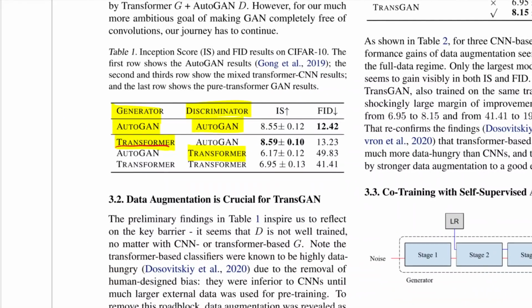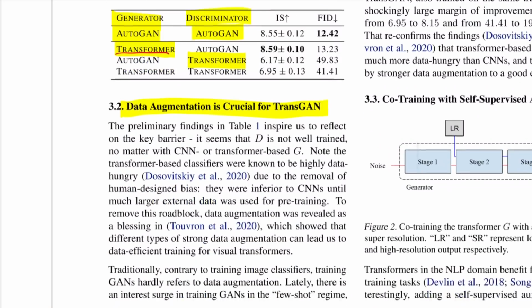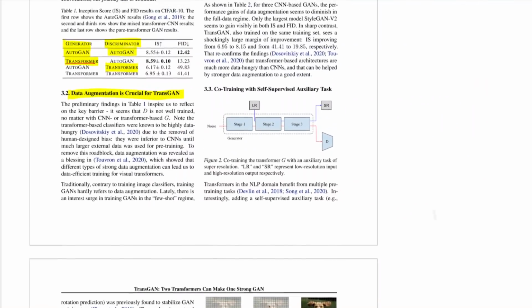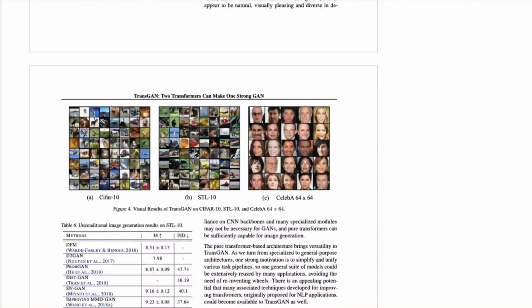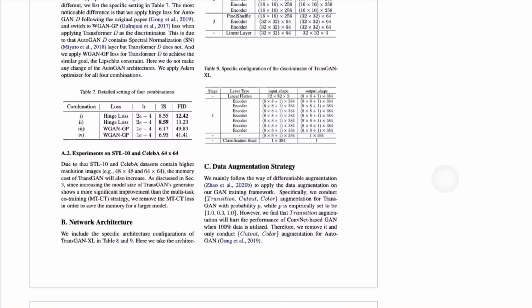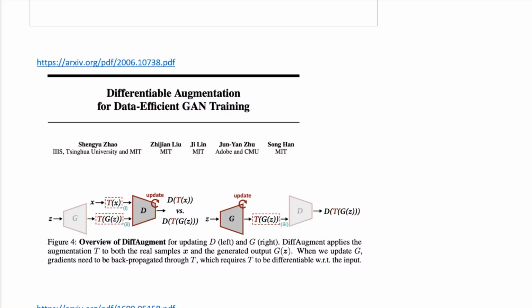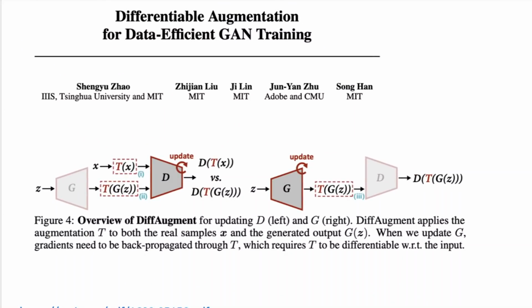So in order to really make this work, they need some more tricks. They have 3 tricks. The first trick is data augmentation. They say data augmentation is crucial for TransGAN. And the type of data augmentation they do is also from a paper on data augmentation for GANs. It's this right here, differentiable augmentation for data efficient training. So the whole point is that your data augmentation, the augmentation T right here, is a differentiable function.